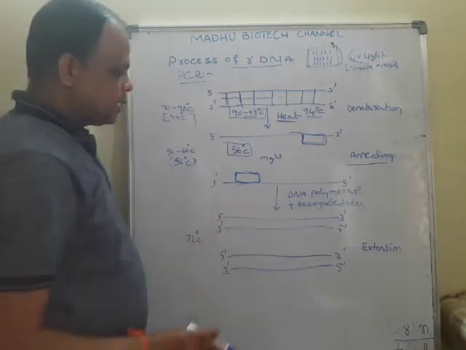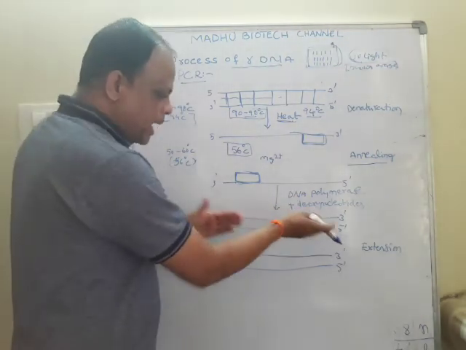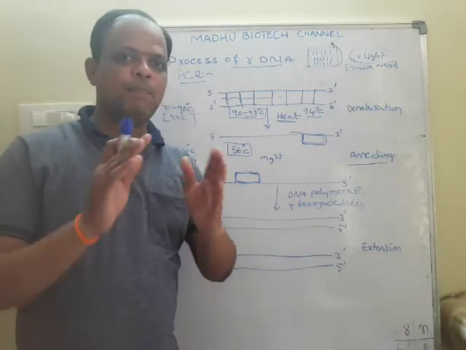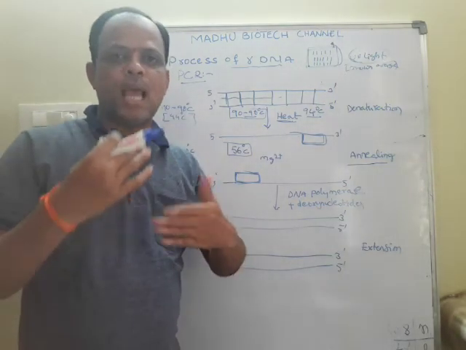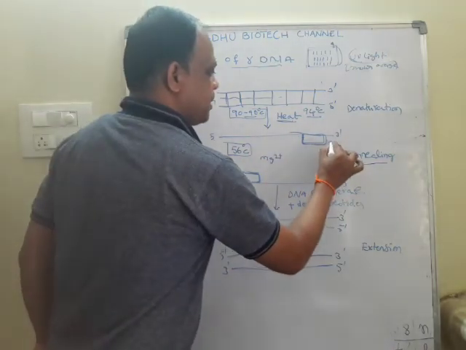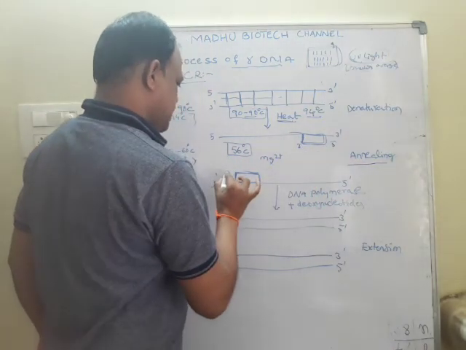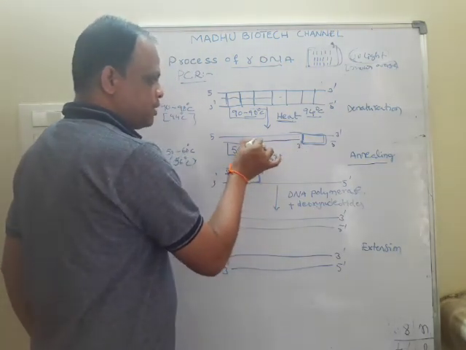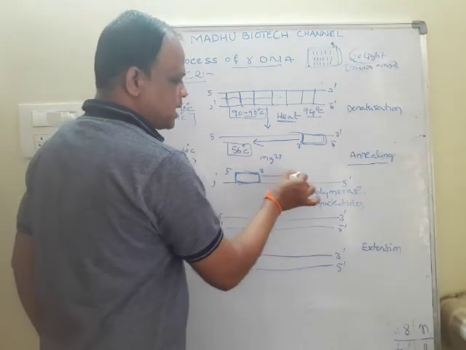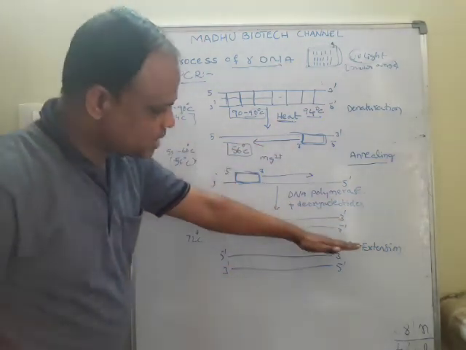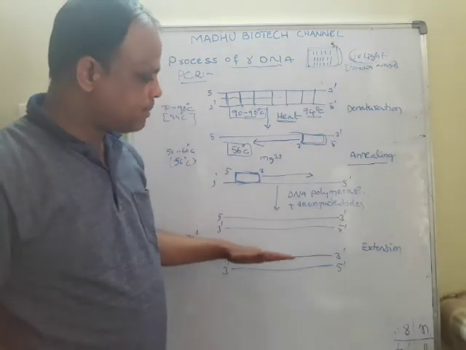And then the third step is the primer extension. The primers extend from the 3' end, amplifying the number of copies. So this is the 5' and 3', and here this is the 5', 3'. The extension moves toward this 3' side, and here also the 3' side.